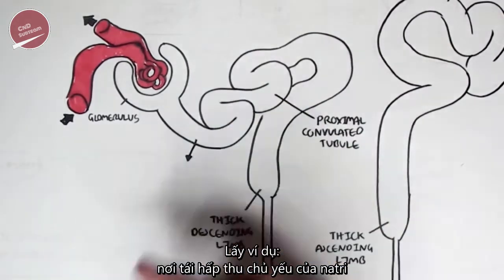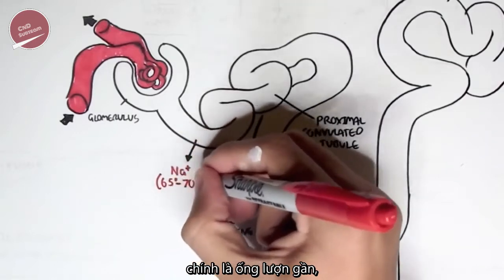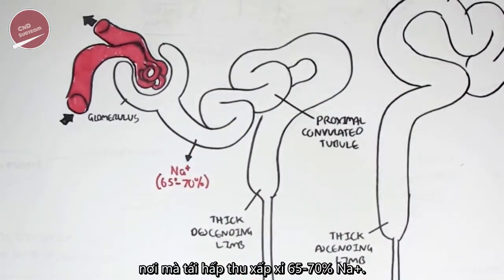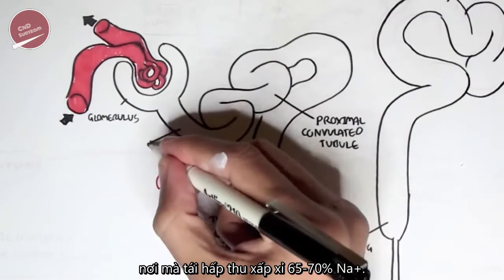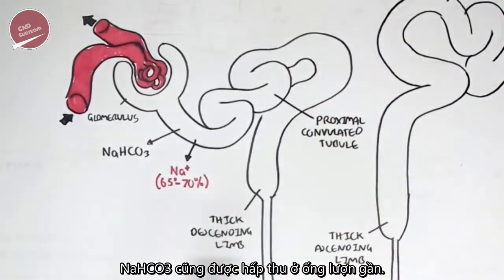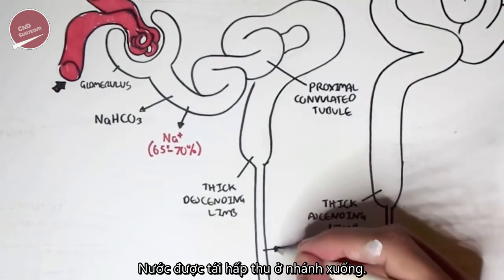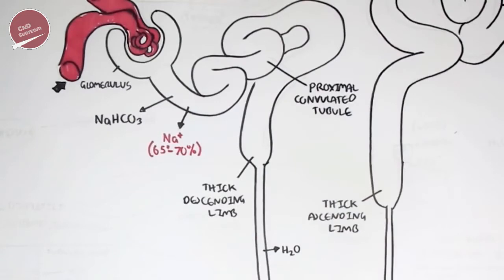So for example, the main site of sodium reabsorption is in the proximal convoluted tubules, where it absorbs approximately 65 to 70%. Sodium bicarbonate can also be absorbed in the proximal convoluted tubules. Water is reabsorbed within the descending limb.